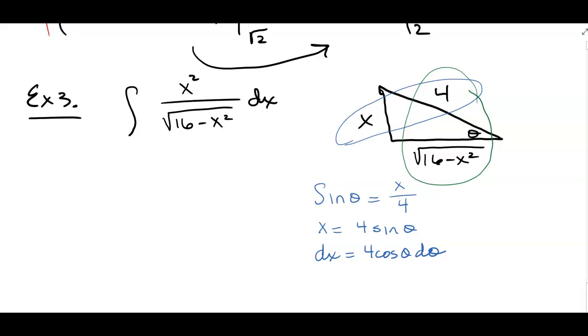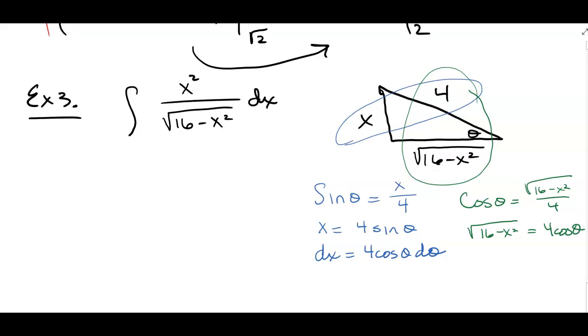Let's do the other one. For the other trig ratio, it looks like I have a cosine ratio. Cosine theta equals radical 16 minus x squared over 4. In this one you solve for the radical because that's what we want to substitute out, so it equals 4 cosine theta.